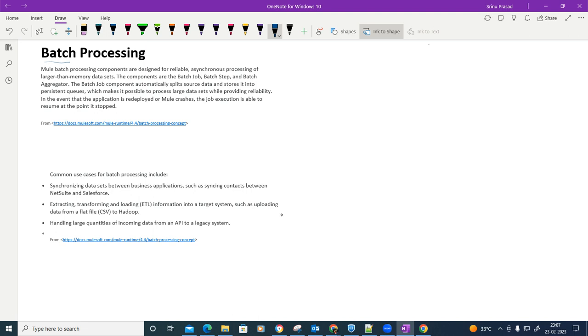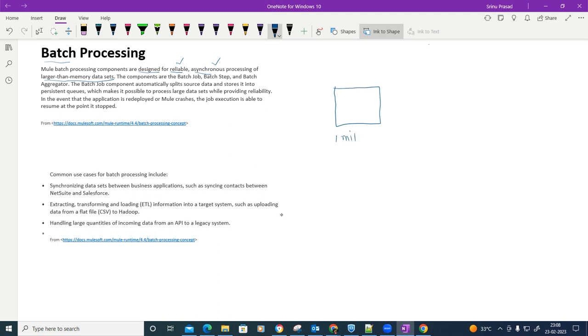Why is batch processing required? Batch processing is designed for reliable asynchronous processing of larger than memory data sets. Larger than memory data sets is one of the important points, along with reliable and asynchronous. Keep these key points in mind. For example, you want to process a huge amount of data like 1 million records.